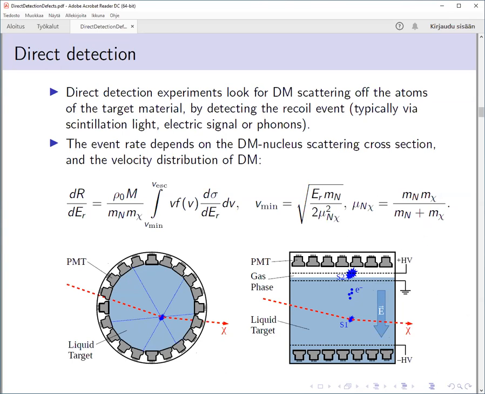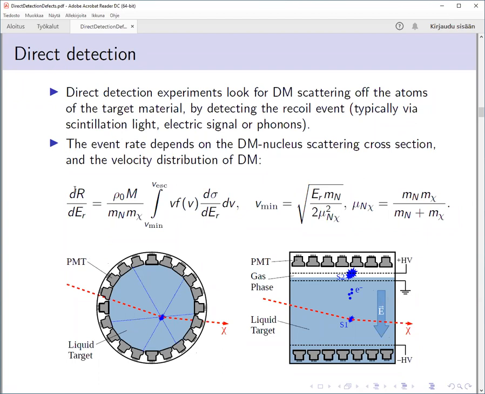So there are many techniques based on observing and somehow amplifying the energy that is deposited in the matter. But the basic principle in all of these experiments is the same, that you watch some bulk of matter and you try to see these scattering events taking place.